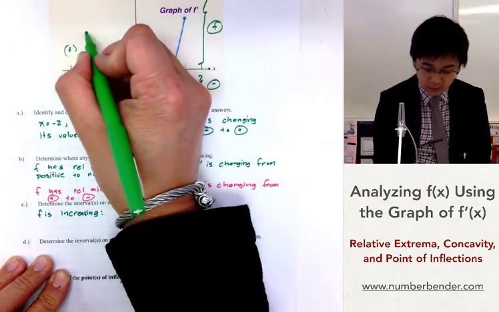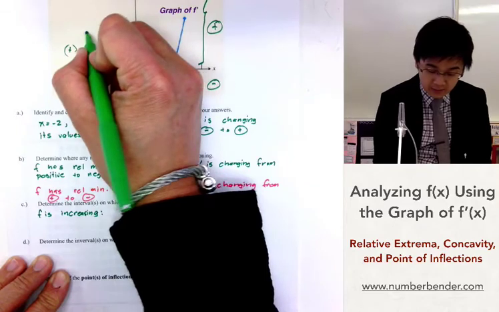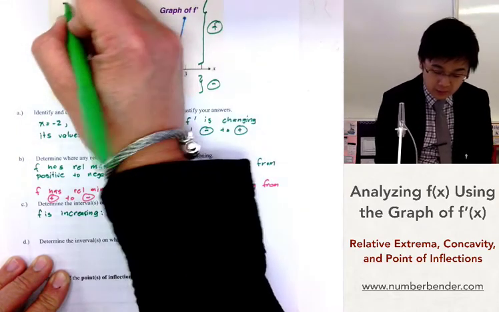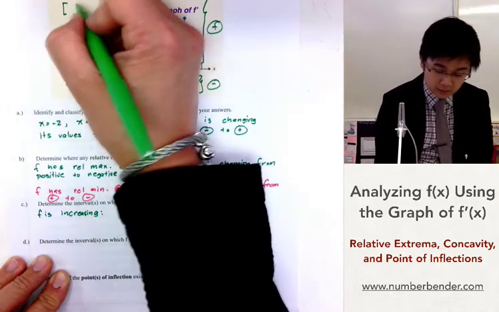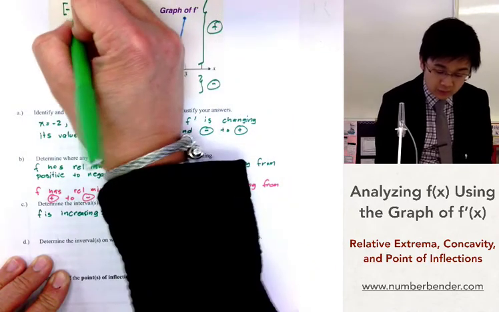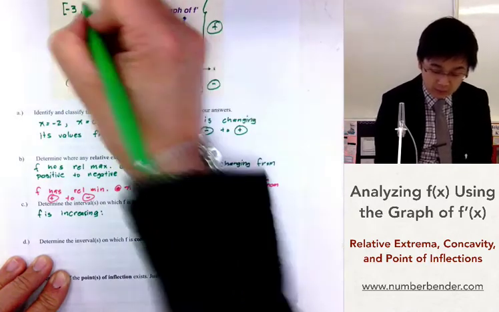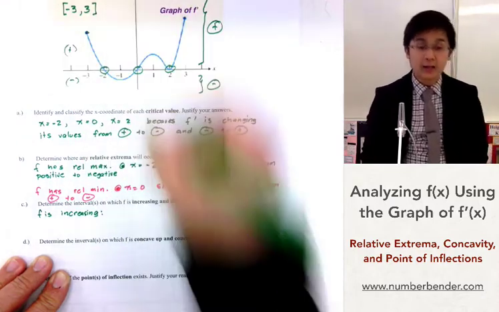Since this is a closed interval and this is an endpoint right here, we know that this function is between the closed interval -3 and +3. So we will use that in our intervals.